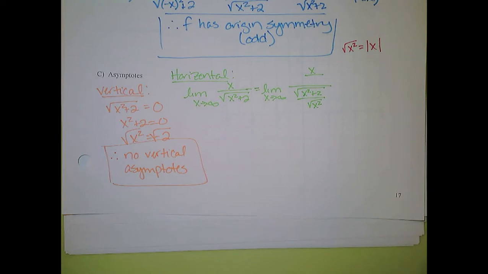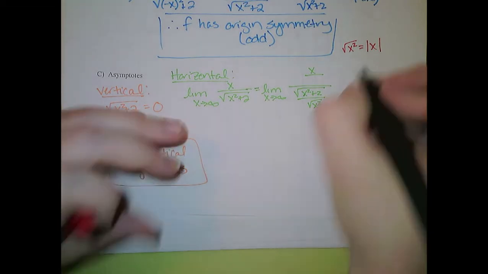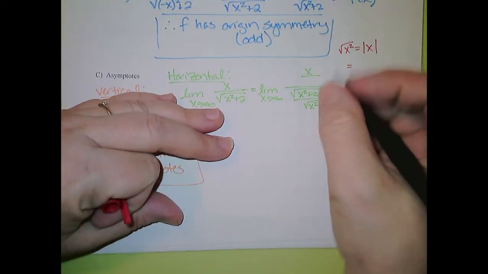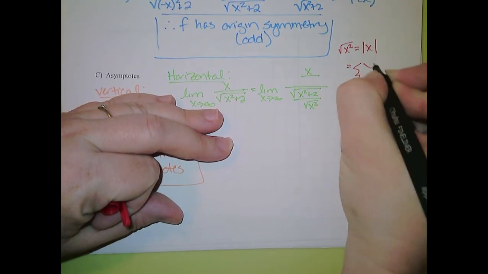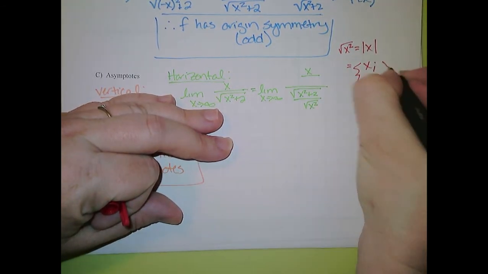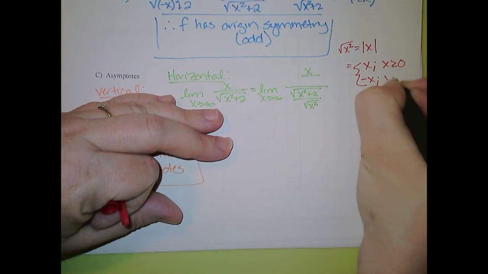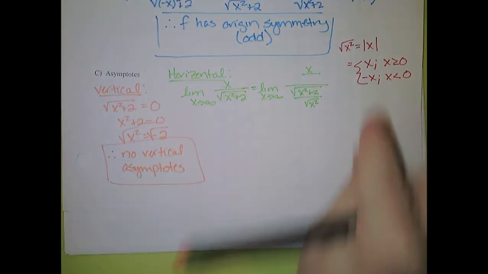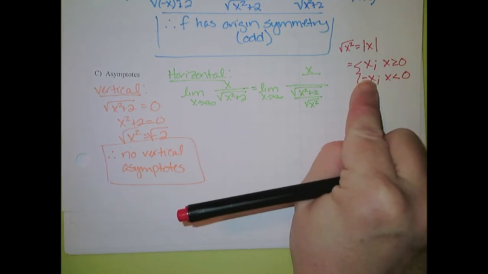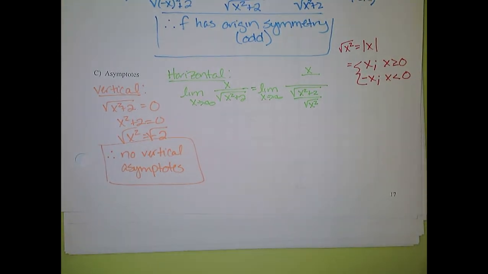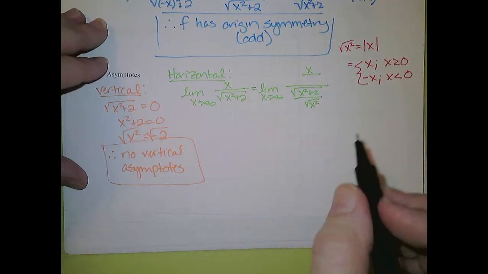And if you'll remember from before, we said that the absolute value of x is equal to x if x is greater than or equal to 0, or it's equal to the opposite of x if x is less than 0. In other words, if x is negative, change the sign. Well, in our limit, we're looking at the limit as x is approaching infinity.